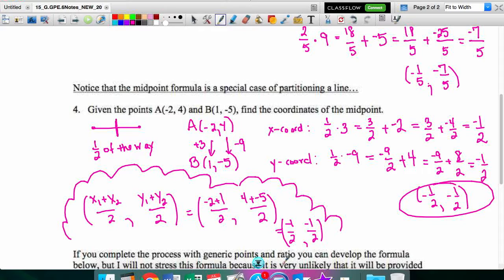So if it's given, that's great, you can use it, but if it's not given, you have to rely on memorizing that formula. Myself, I don't like to memorize formulas. I like to do processes because they make sense to me. But if you find it easier to memorize the formulas, then you can do it that way, by all means.